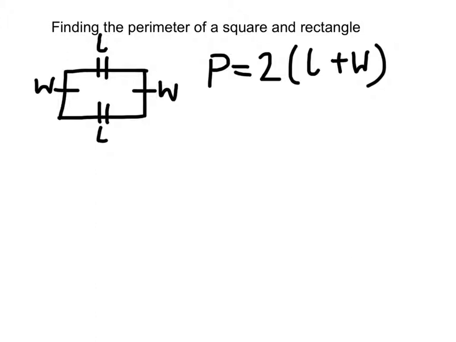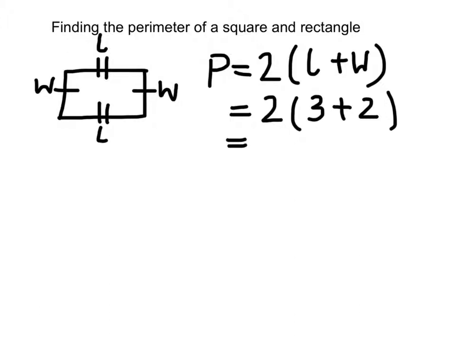So say if the length was 3, so both of these were 3 centimetres, and our width was 2, so both of these were 2 centimetres.